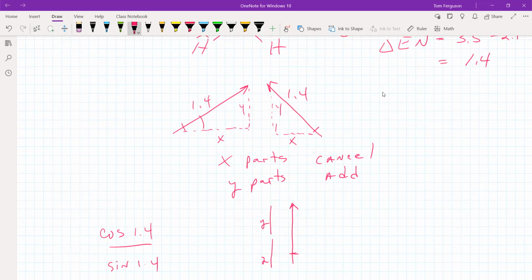Okay, so normally in physics, we go like this. Vectors can add together algebraically. Notice the X vectors that are subparts are going in the opposite direction. And because the 1.4 is the same, that means the quantity is the same. So they go away.